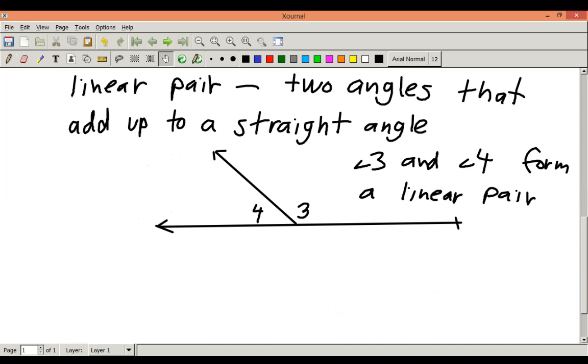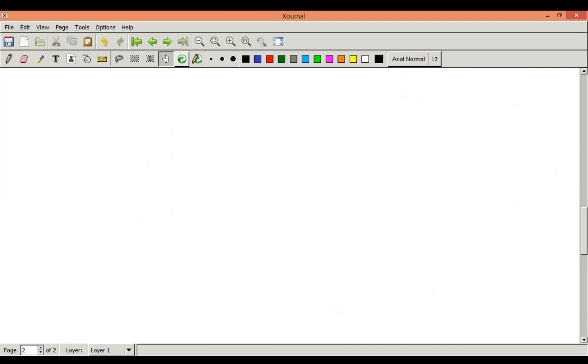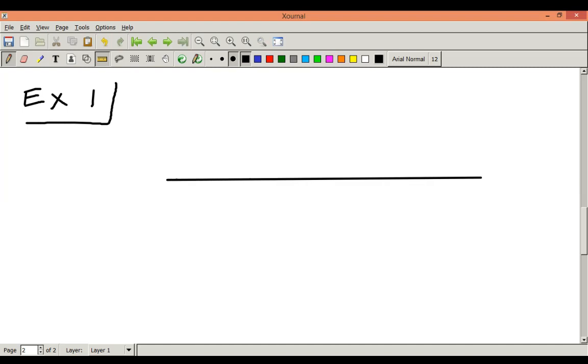Let's take a look at a drawing and then kind of talk about it in terms of our new definitions. So I guess we'll call this example 1. So here's some points on our drawing.